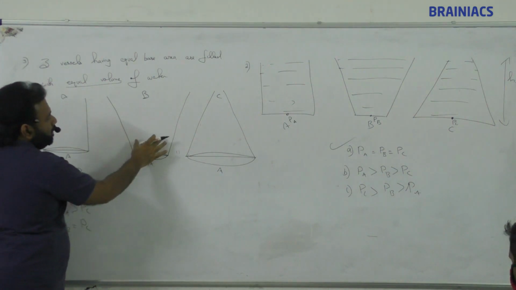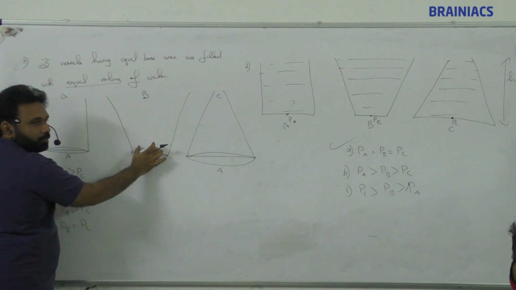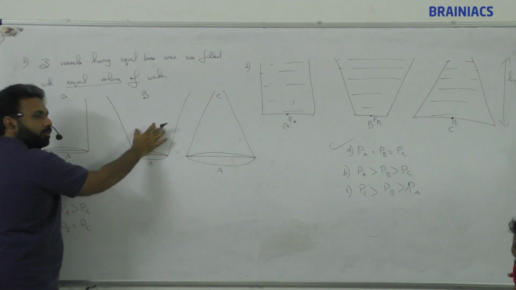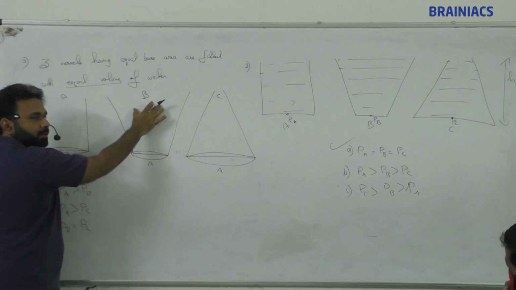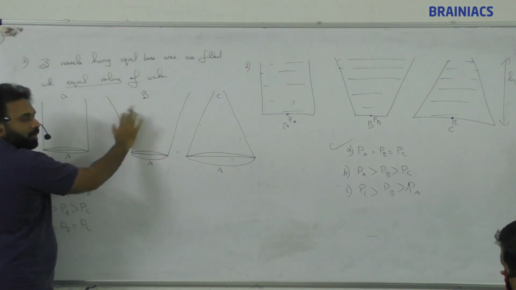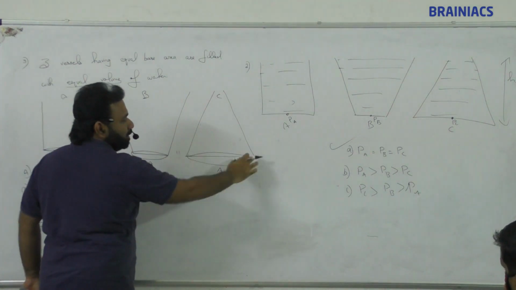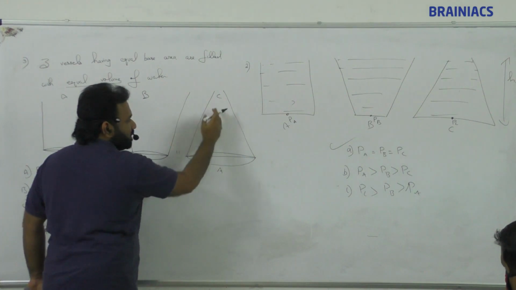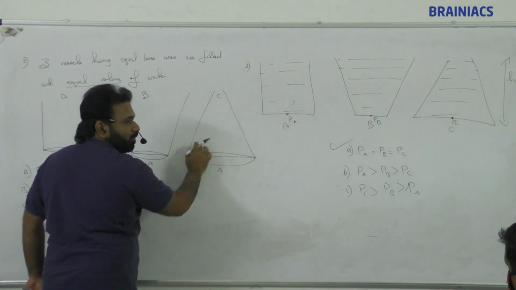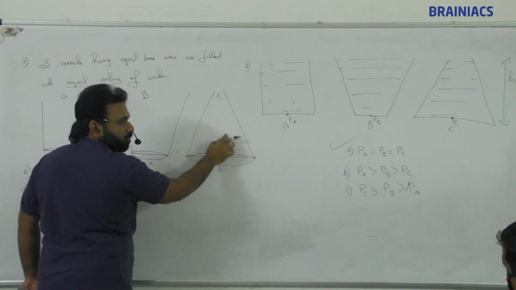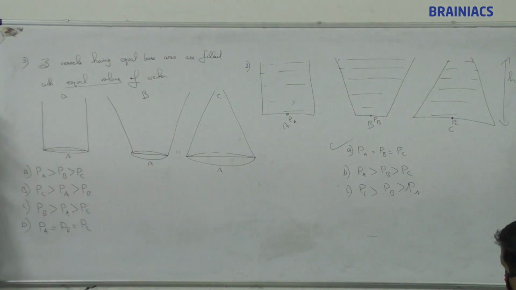Here this is less, no. So after moving some height only, this will have equal volume. What about this? Max water will be here. Correct? Option, which one? C. Which one? B. Yes, C.